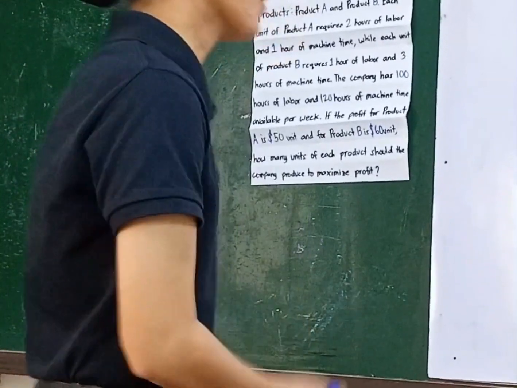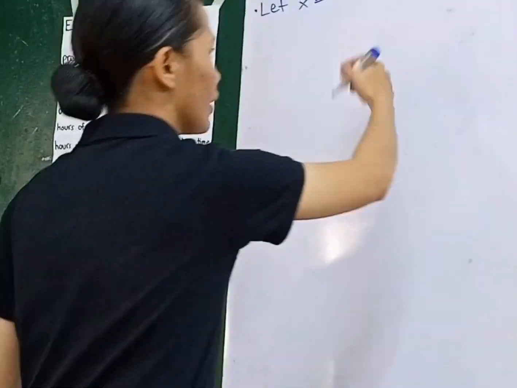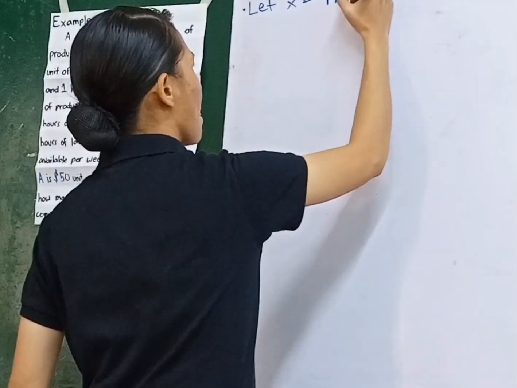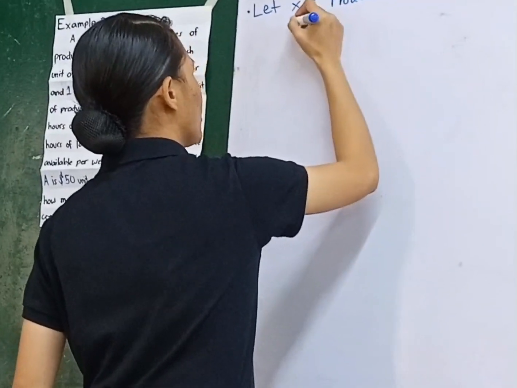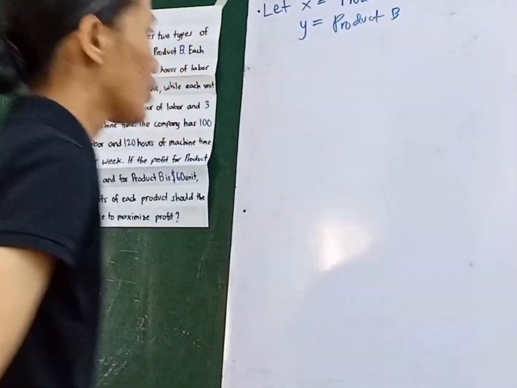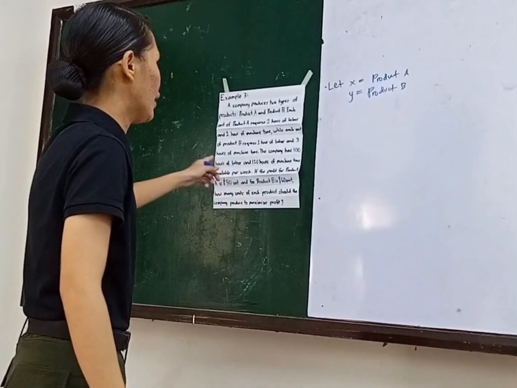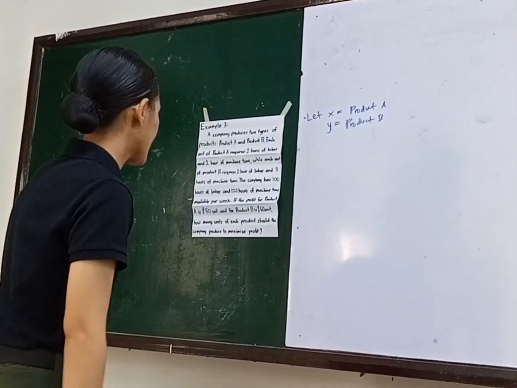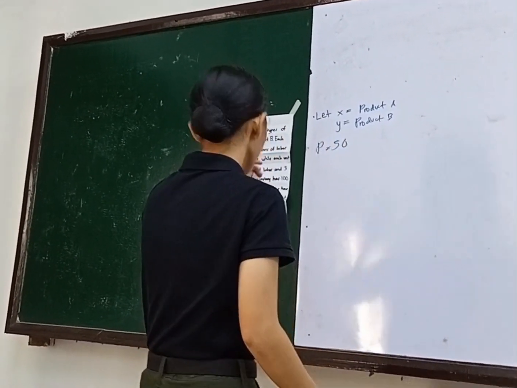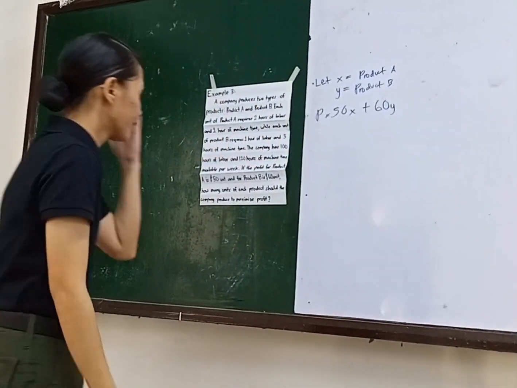So first, let x represent the number of units of product A, and y represent product B. So the objective representing the profit to maximize is Z equals 50x plus 60y.